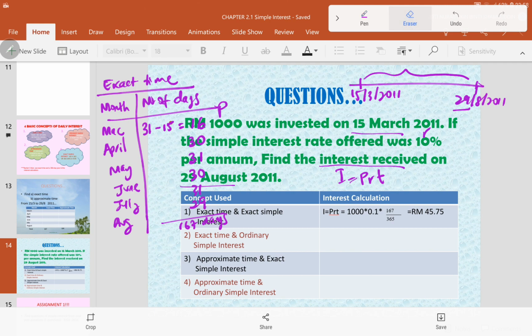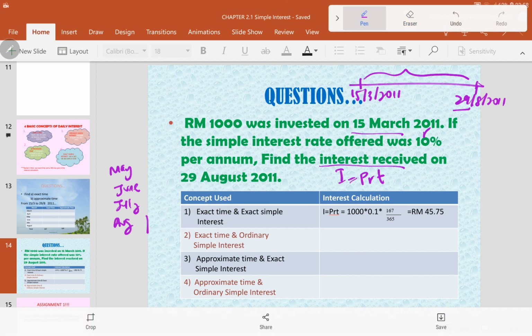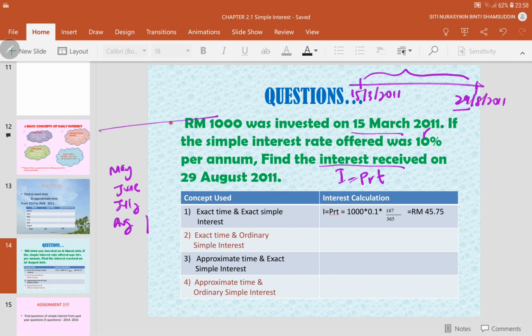Okay, so yang ni saya padam dulu. Okay, now kita buat untuk approximate time pula. Approximate time sama je, kita ada month, bulan dia, and then number of days. Alright, so March, April sampai June, sampai Ogos lah.